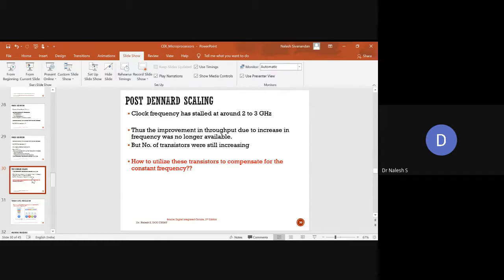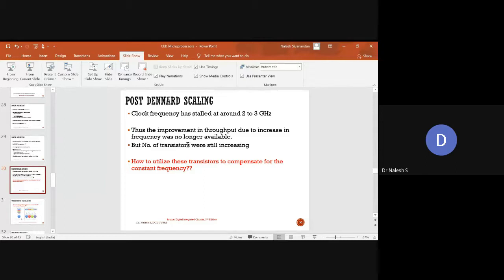You are obviously going to get increased performance. But now, after 2005, clock frequency doesn't increase, so you are not going to get this increased performance. But transistors are still increasing. Frequency has remained constant, but Moore's law is still valid. Transistors are still increasing. So you have more transistors, but you can't increase the speed.